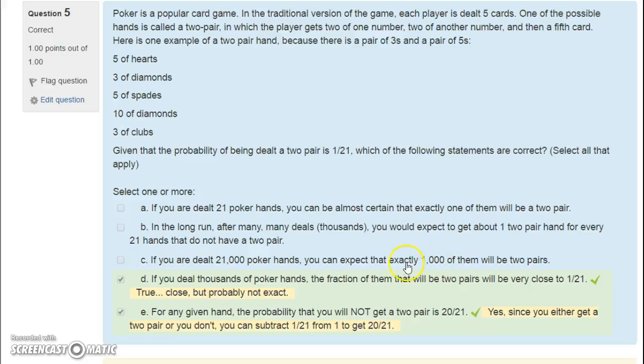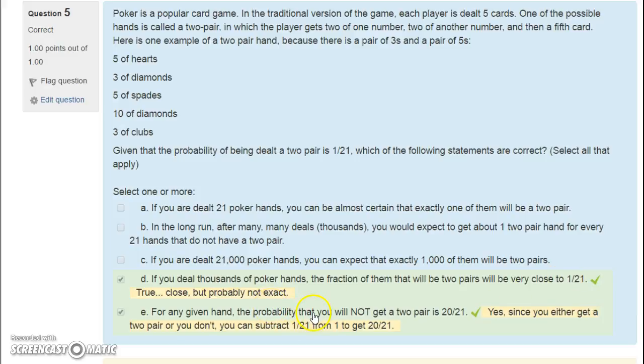But the specific number is not ever going to be right on the dot. Deal thousands of hands, fraction very close to 1/21st, so that is what we can assume. So this is not the number of hands, but it's saying the fraction, the portion of them, the percentage of them that are 2 pairs should be very close to that theoretical probability.